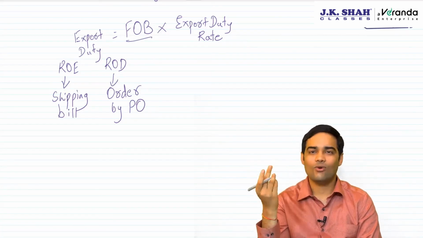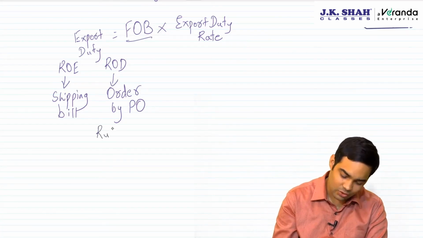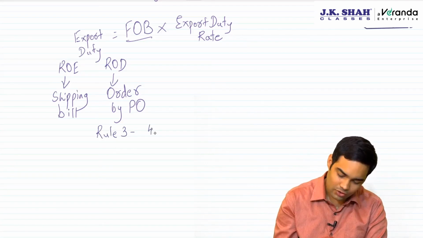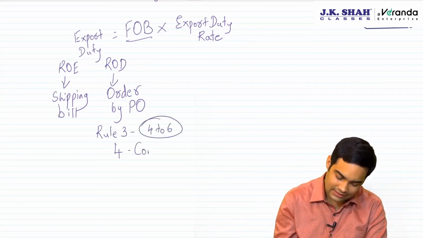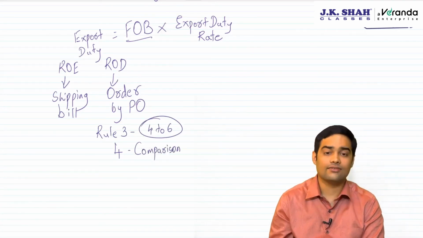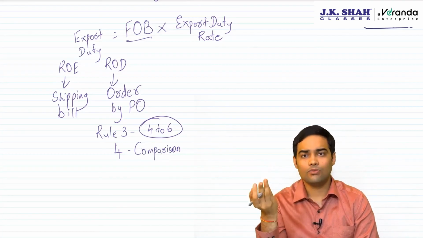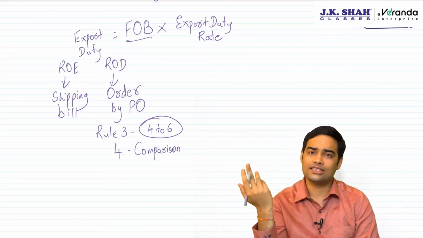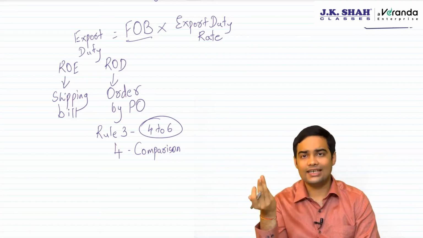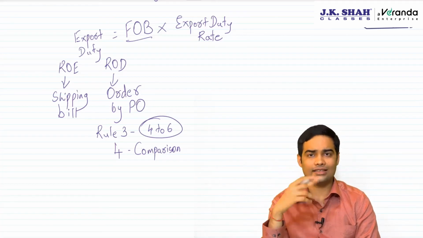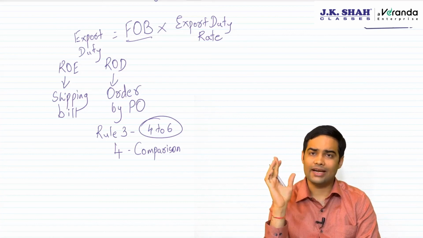In this case, obviously you have valuation again. Rule 3 says follow Rules 4 to 6 sequentially. And Rule 4 in this says comparison. When we say comparison, you compare the export price for one country vis-a-vis another country, and in case you are sending something free of cost, you will value the other also at the comparative value.